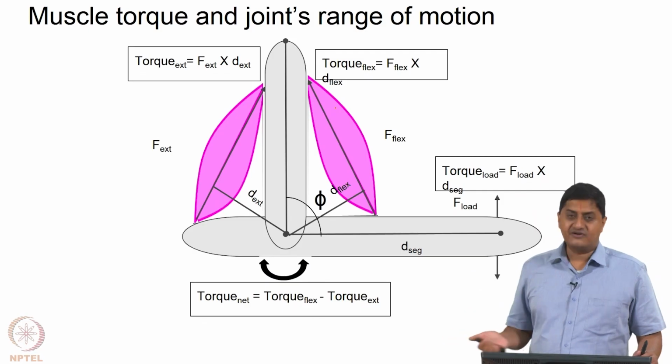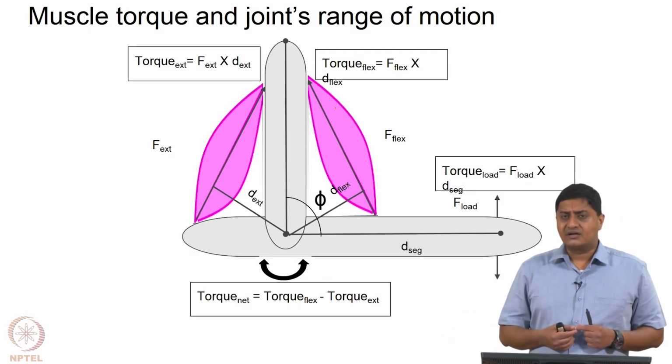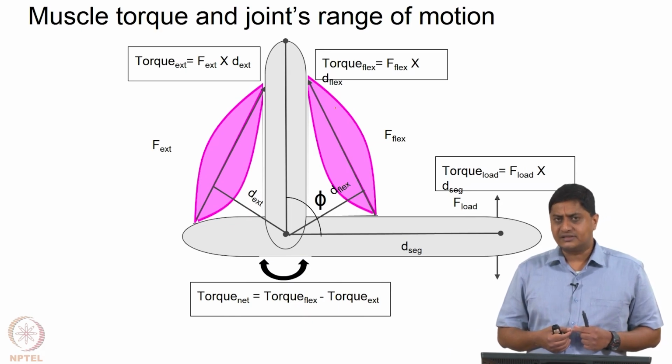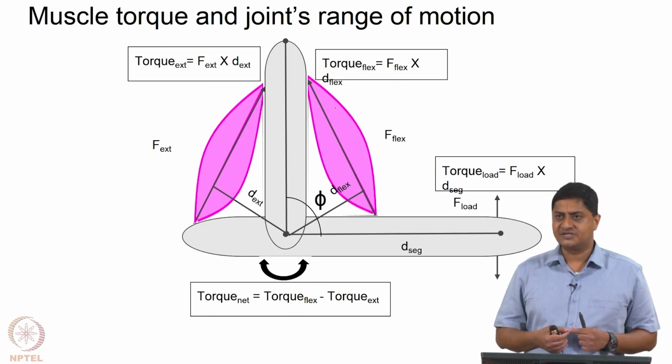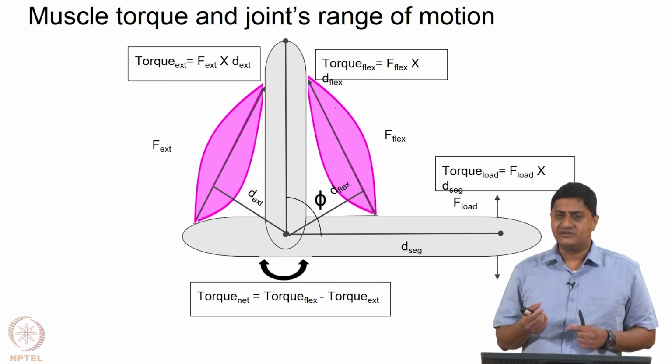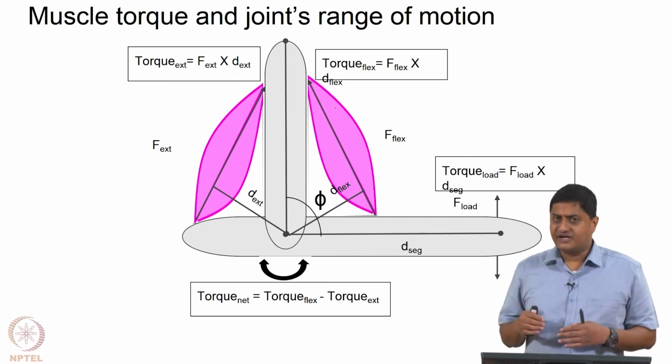For the purpose of this course and class, we will define flexion as a movement that reduces the angle between two neighboring segments. If the angle between them is reduced, we will call that flexion. Actually, there are several definitions.